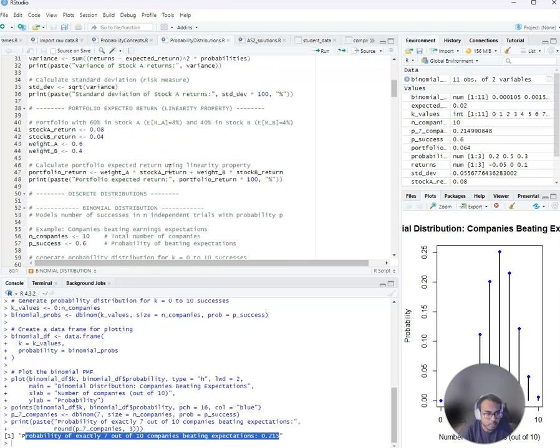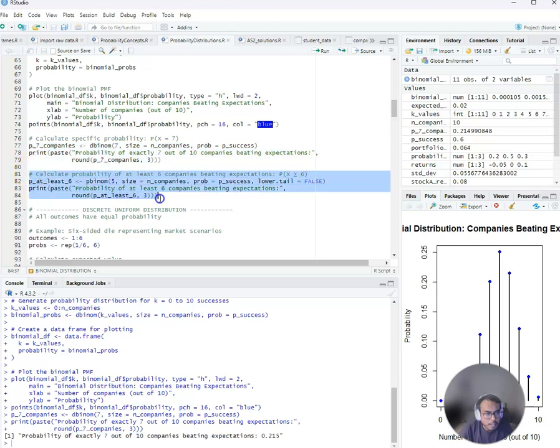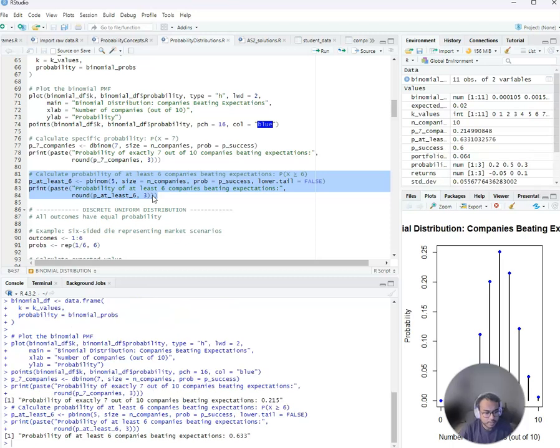So that's the approach I'm going to take over here. So the probability that at least 6 companies beat expectations is 63.3%.